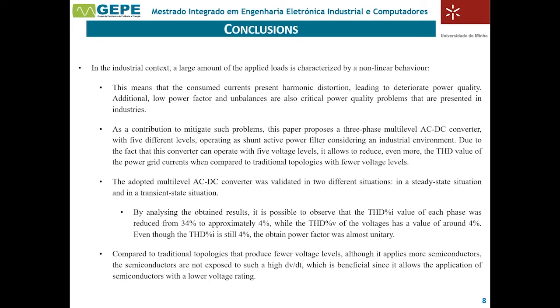Even though the THD of the current is still at 4%, the obtained power factor was almost unitary. When compared to traditional topologies that produce fewer levels, although it applies more semiconductors, the semiconductors are not exposed to such high dV/dt, which is beneficial since it allows the application of semiconductors with a lower voltage rating.